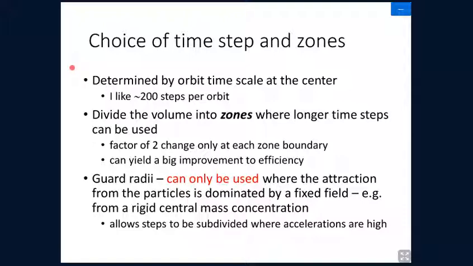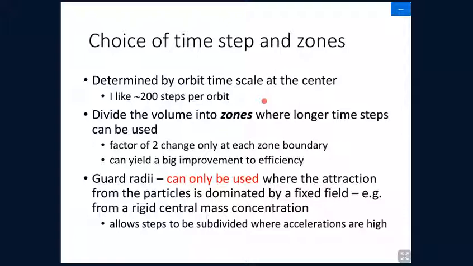And you want to choose that time step short enough that you can integrate orbits on the shortest time scale with reasonable accuracy. I like to arrange it so that you take 200 steps for an orbit in the shortest period orbit in your simulation. That's excessive. Probably 100 would be adequate, but I always like to err on the side of caution and keep the time step nice and short.